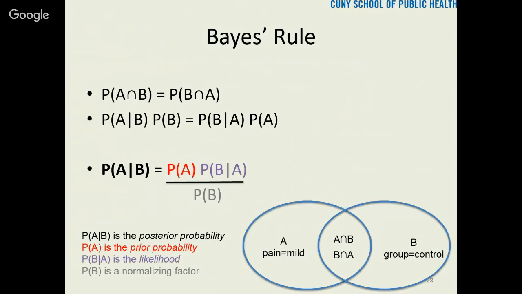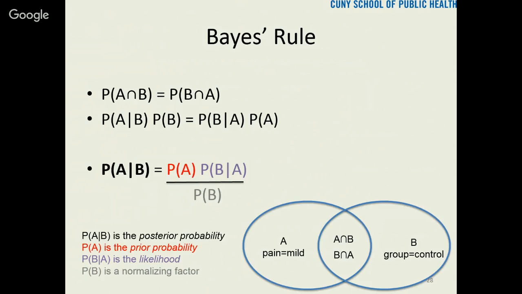This is very important for our calculations on screening tests and for interpretation. So when I was mentioning that if you go in for a prostate cancer screening test, let's think of A as having prostate cancer and B being a positive test for the screening test.